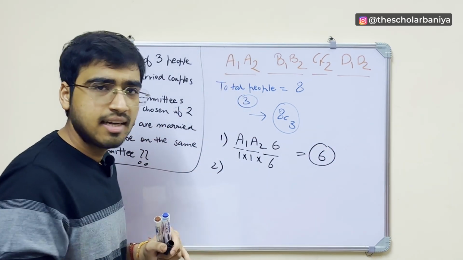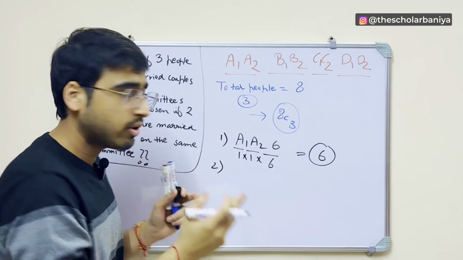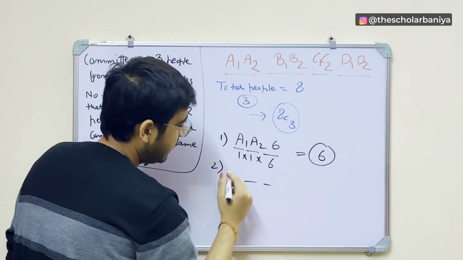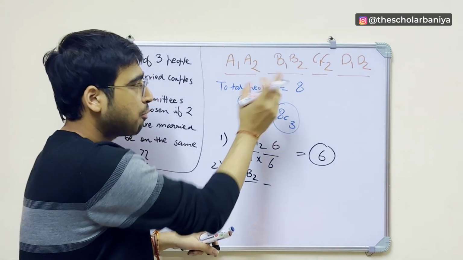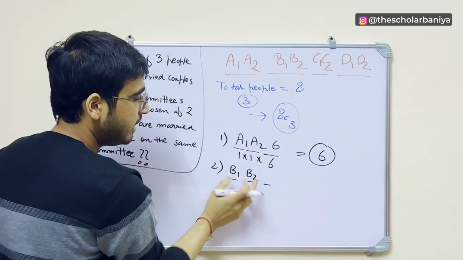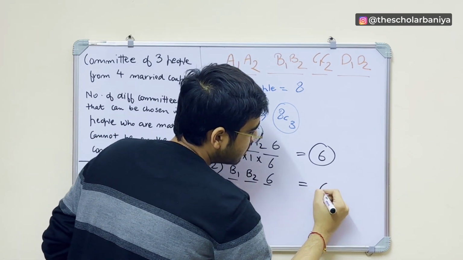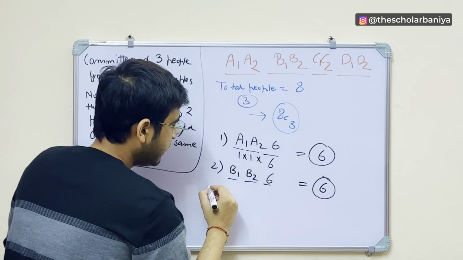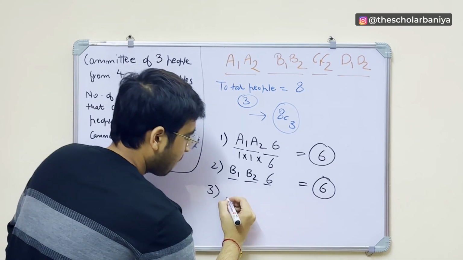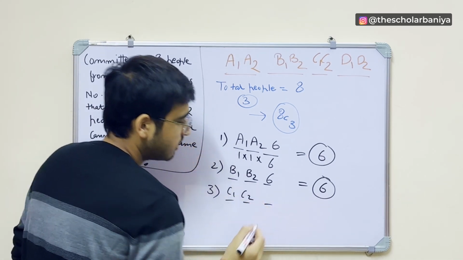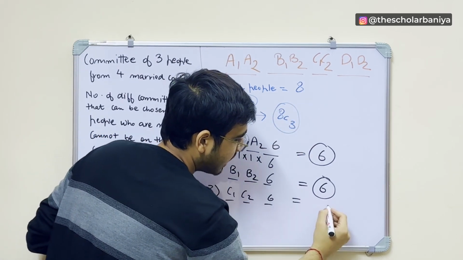Similarly, a second case is possible where B1 and B2 are together. So there are 3 people in the committee, 2 people are B1 and B2. So obviously, for the third place, again there are 6 options left, because total are 8 and we have taken 2 already. So this also becomes 1 into 1 into 6, which is equal to 6. Similarly, for the third case, we have C1, C2 together, so 8 minus 2, 6 people are left, so this is again 6.